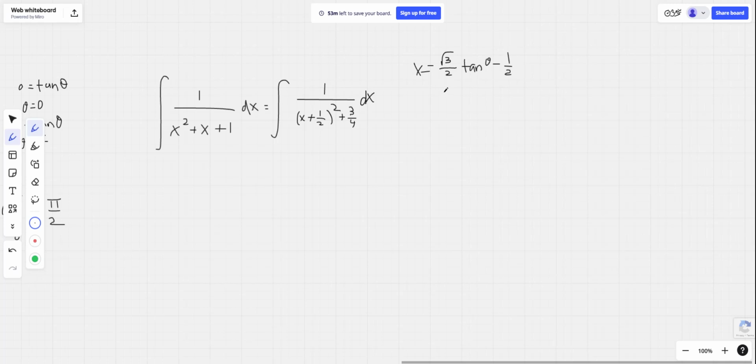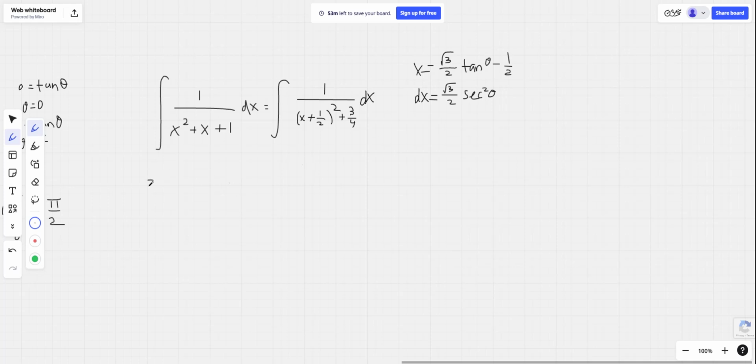Now that looks very cumbersome, but it actually works out really nicely because dx is simply √3 over 2 secant squared, and the constant 1/2 doesn't matter.